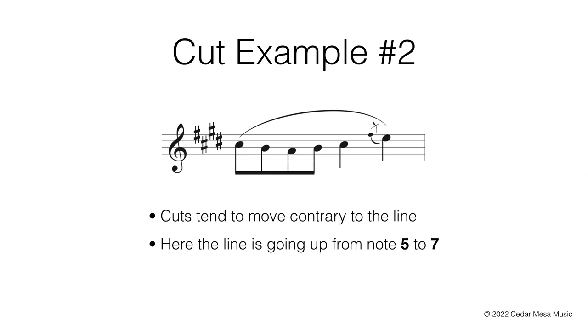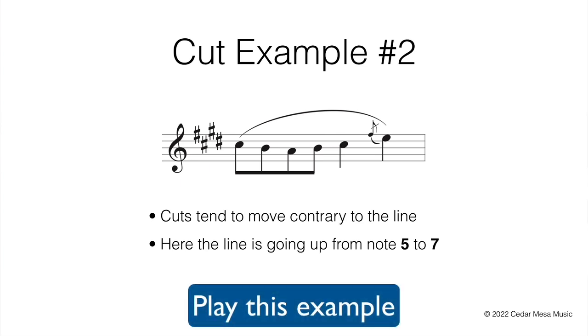So you would do this instead of a tap. I mean, obviously, you would have to play a 6 to do the tap, but you get my point. So let me play without it. Now with it.